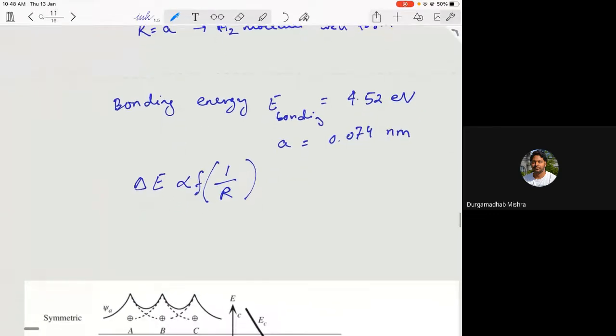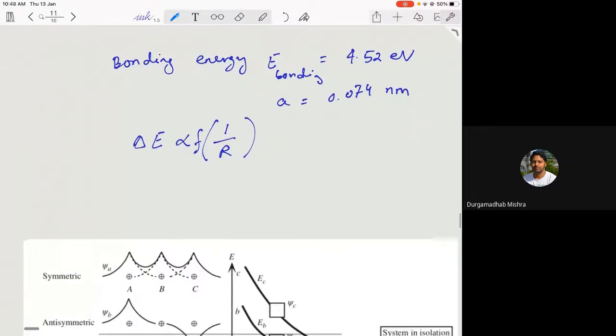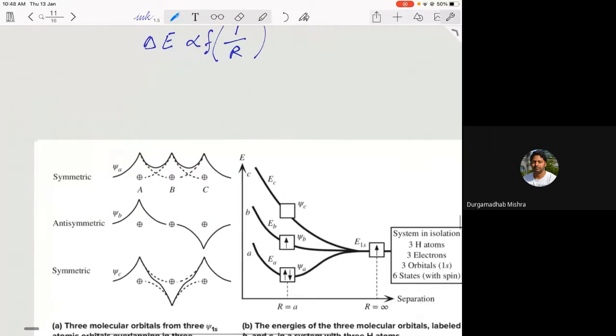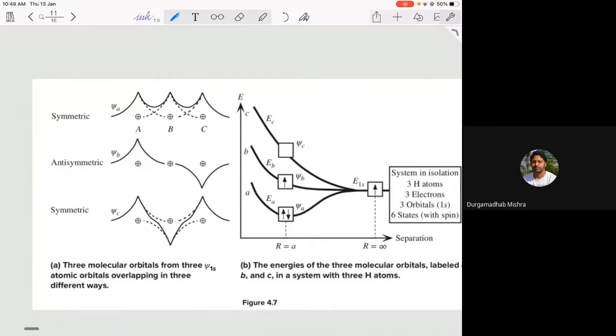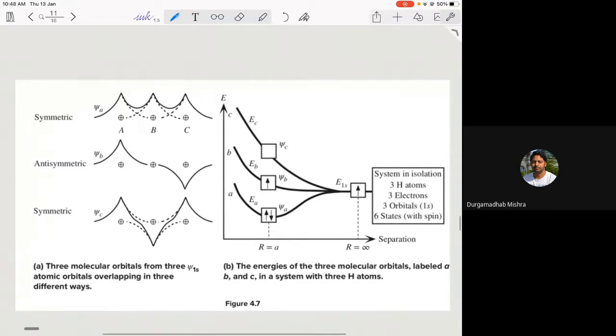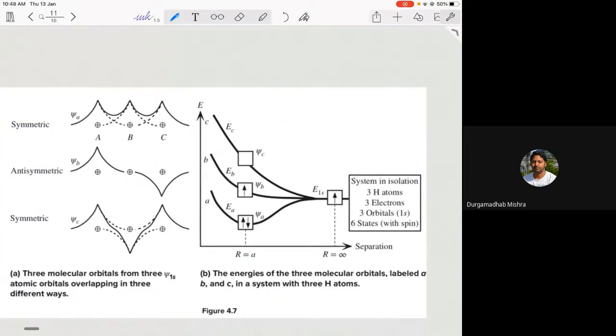Okay, so now we can extend it. So if we take 3 atoms, let's say 3 hydrogen atoms, you will have 3 molecular orbitals. And the energies will again vary. This energy one can calculate by solving the Schrodinger equation.